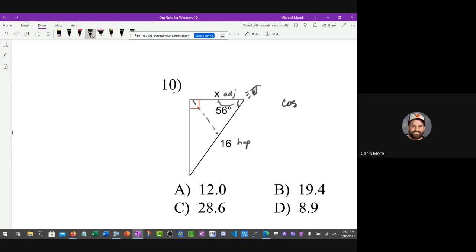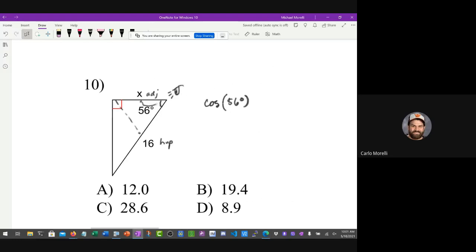So we write cosine of 56 degrees is equal to adjacent over hypotenuse, x over 16. So to get x by itself, we just have to do one step here, multiply both sides by 16. And so x is going to equal 16 times the cosine of 56 degrees.